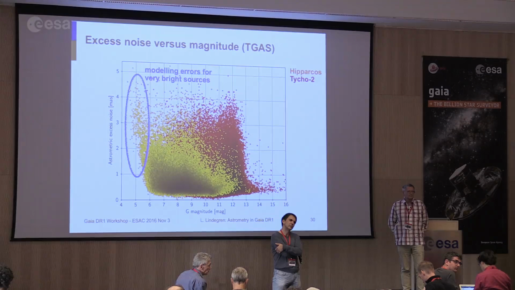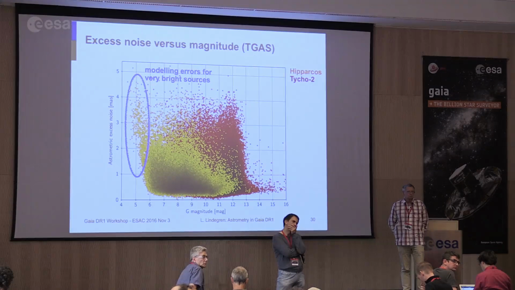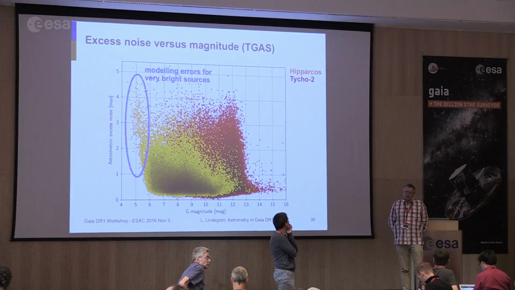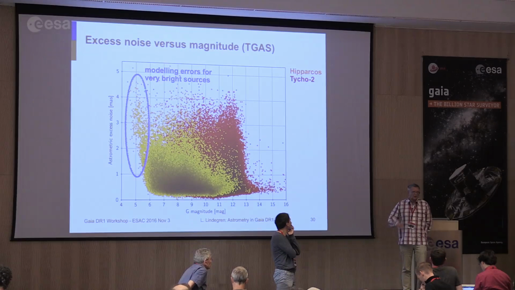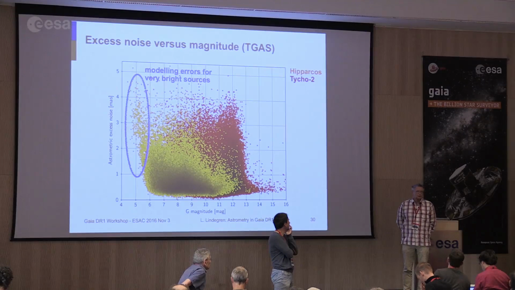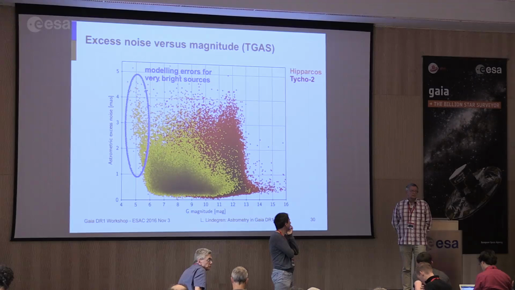So right now I'm seeing something of the order of 10 milliarcseconds for the scatter in the positions. What can I expect that to drop to for DR2? Just off the top of my head, I would guess around 1 milliarcsecond. Okay. Factor 10? Yes.